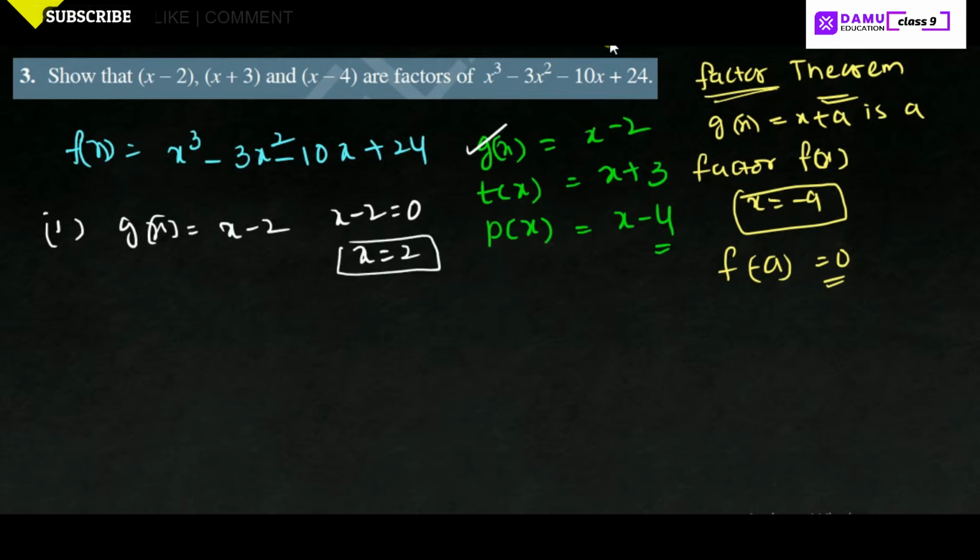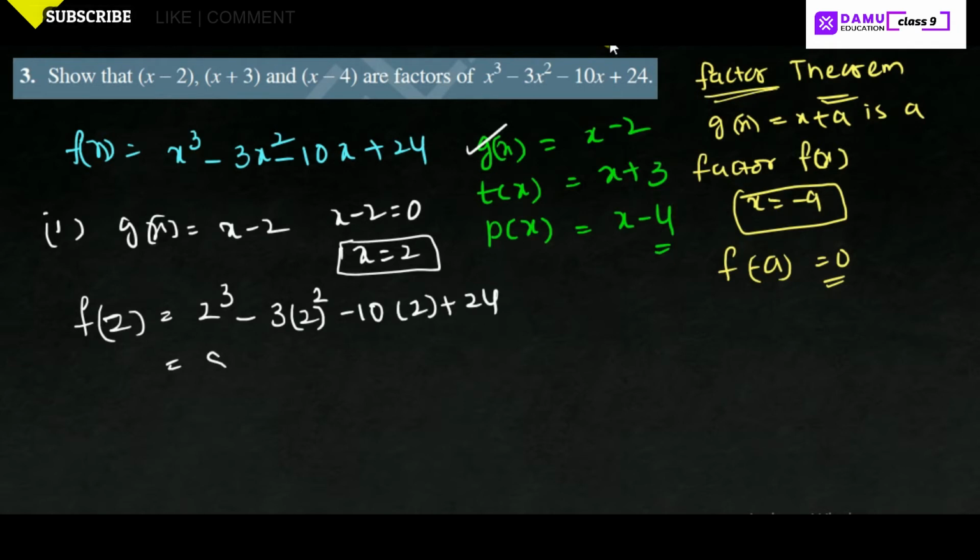If you substitute the x value here, then the remainder should be equal to 0. Then f of 2 will be equal to 2 cube minus 3 into 2 square minus 10 into 2 plus 24. So 2 cube is 8, minus 3 into 4, minus 10 into 2 is minus 20, plus 24.